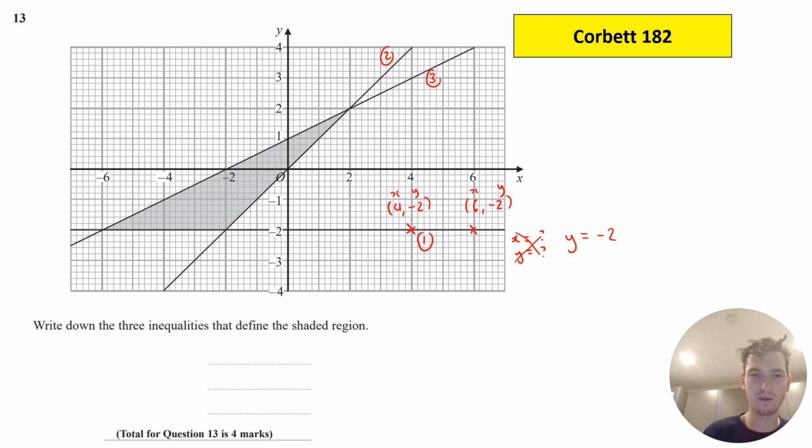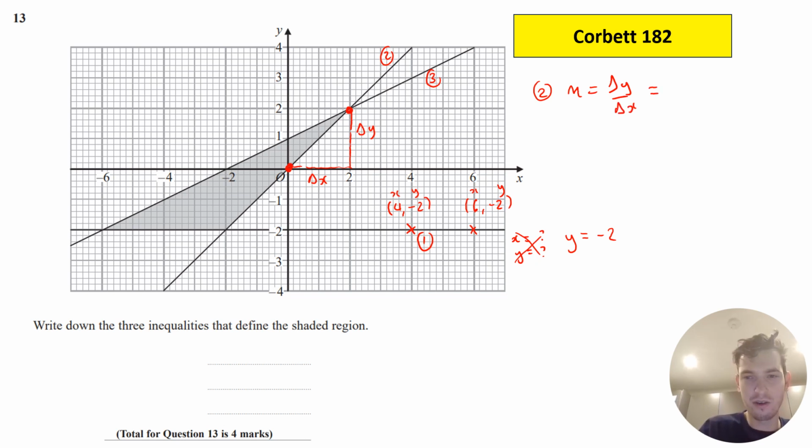Let's do equation 2. So equation 2, well, the first thing I need to do is work out the gradient. So let's pick 2 points. Let's pick this point here and this point here. And to find the gradient, I need to do, so line 2, gradient is equal to change in y over change in x.